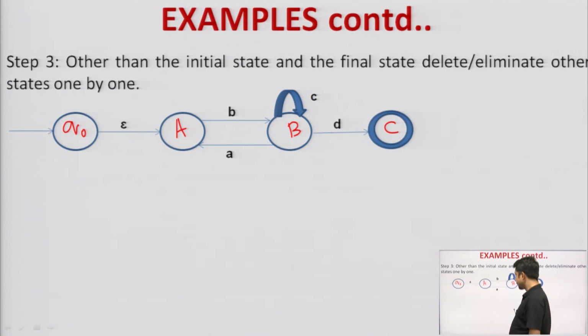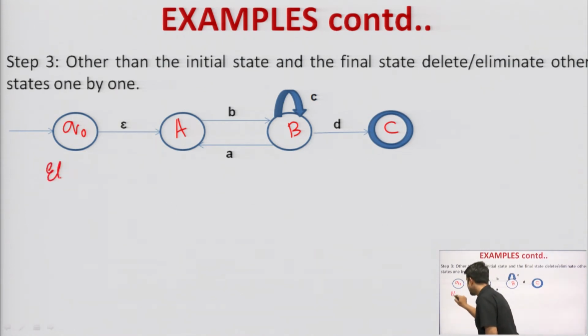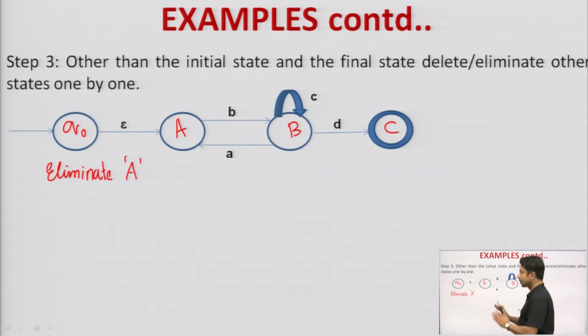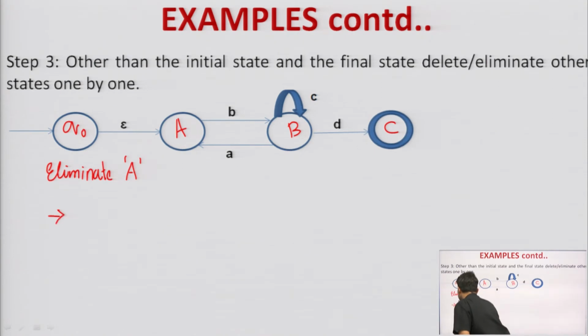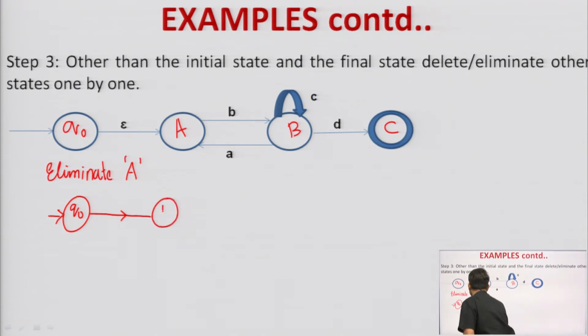First, suppose I try to eliminate state A. Logically, if I eliminate this particular state, then the transition from Q naught will directly go to state B, and after B it will remain as it is.